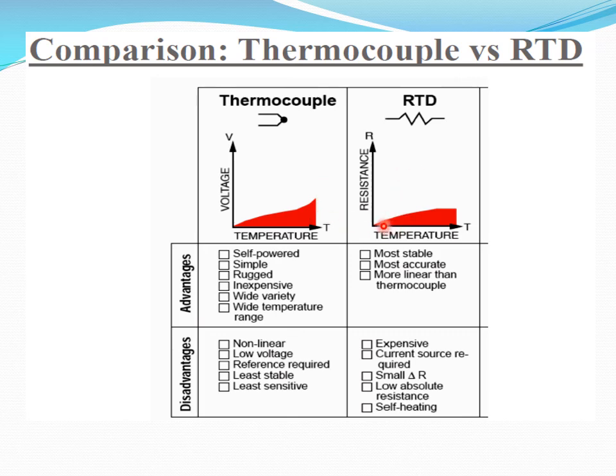Because of this, its character is stable. So the RTD can be more stable, more accurate and more linear. The measured resistance change is almost linear, whereas here there is a variation. A wide temperature range is possible. Okay.